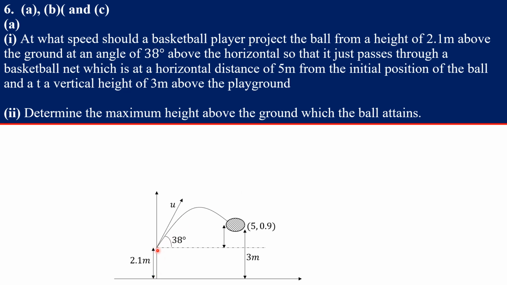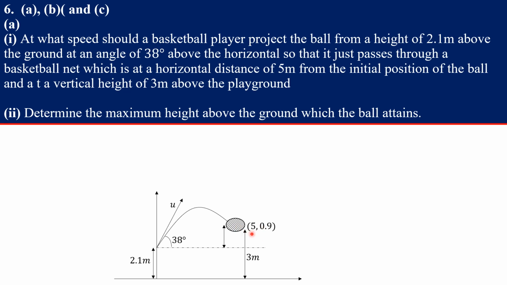So its vertical displacement is 3 minus 2.1, which is 0.9. And this net is 5 meters away from the point of projection, so the horizontal displacement of the projectile when it goes through the net is 5.